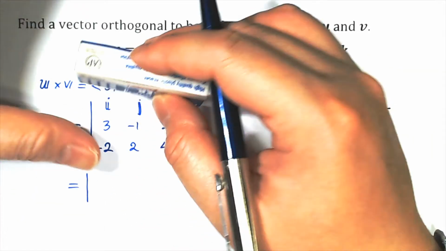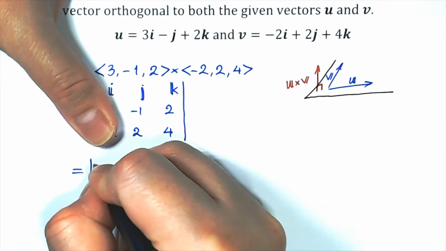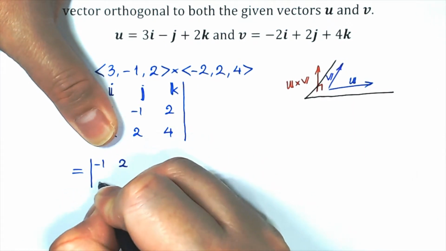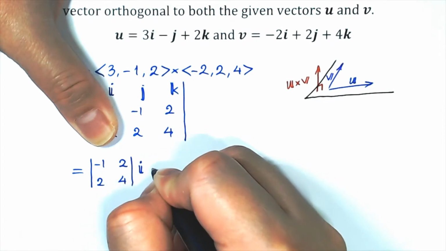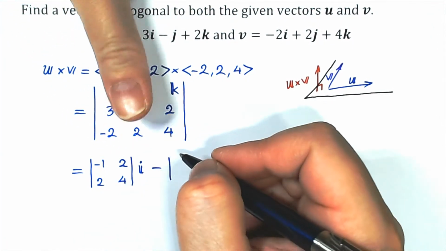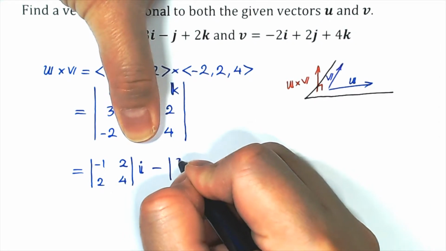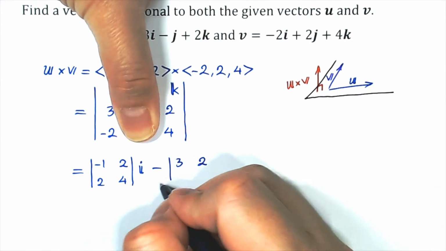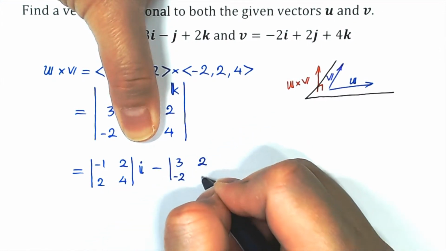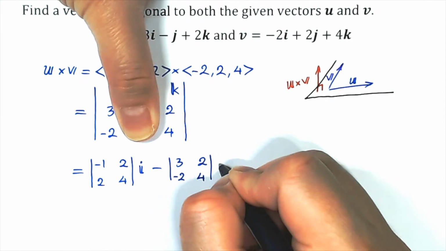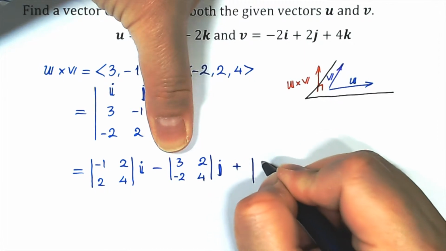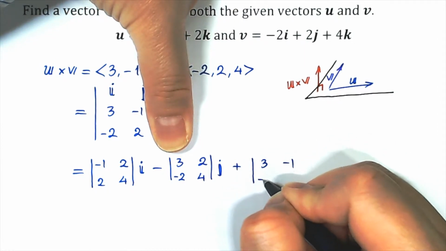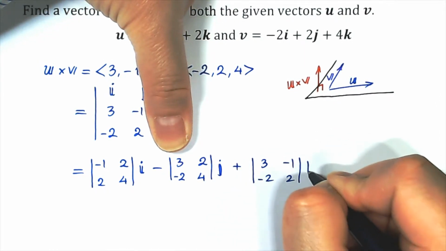So we just have -1 and 2, 2 and 4 for i, and then 3 and 2, -2 and 4 for j, and 3 and -1, -2 and 2 for k.